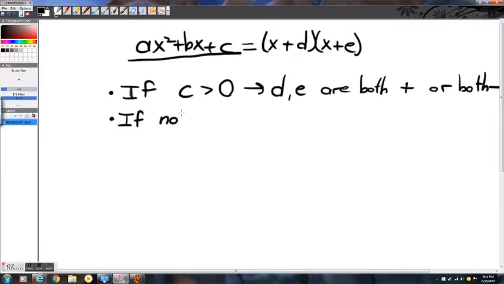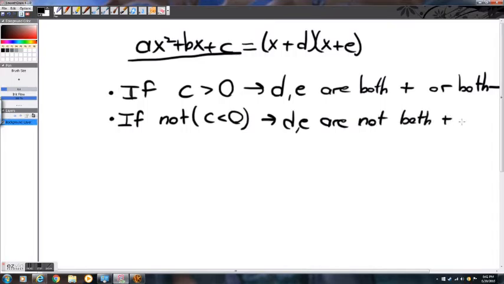That's our first. If not, c less than 0, d and e are not both positive or negative.